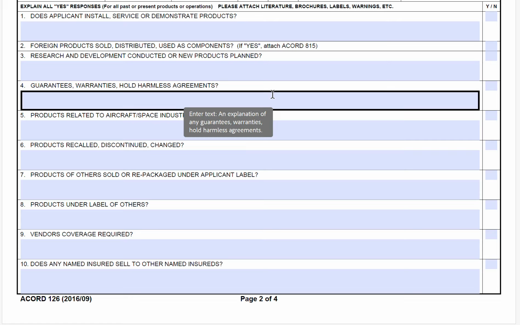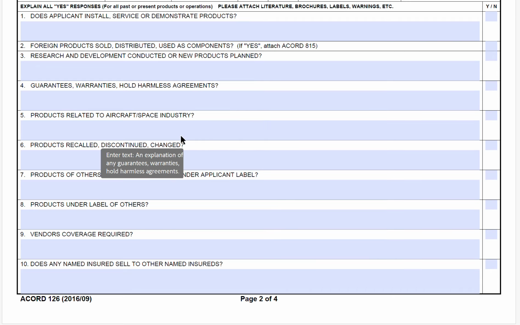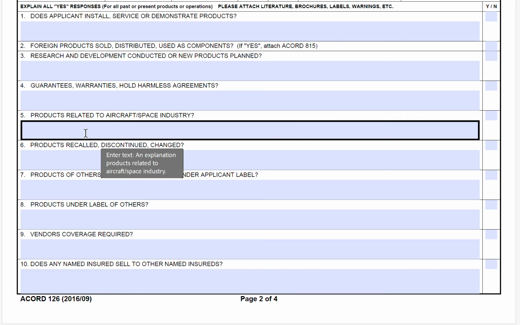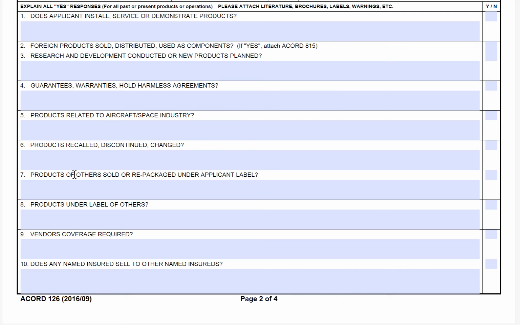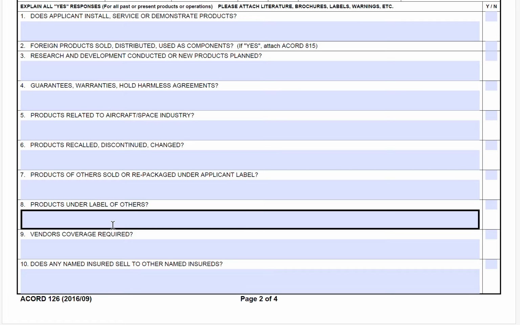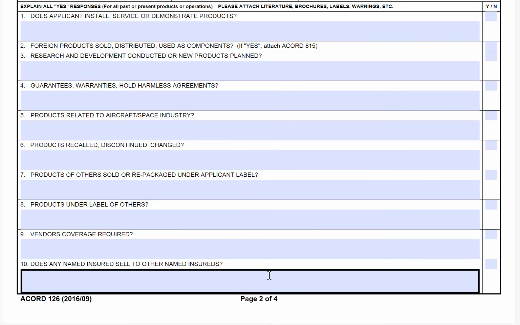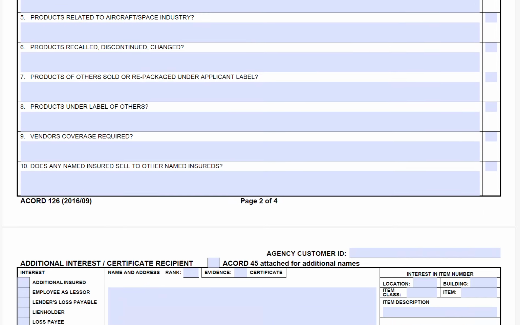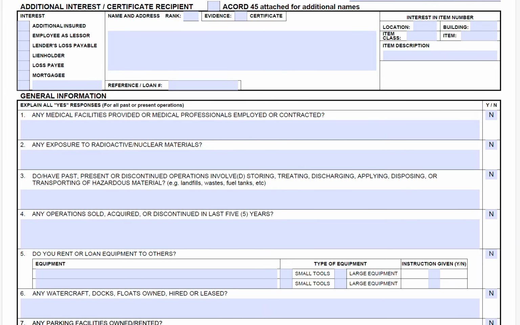Get a copy and attach that to the quote that you're sending to the underwriter. If it's related to airspace, any recalled products, products under the labels of others, all of that's important to be answered. Here, if you have an additional insured who needs to be listed as a certificate holder, you'd want to list them here.